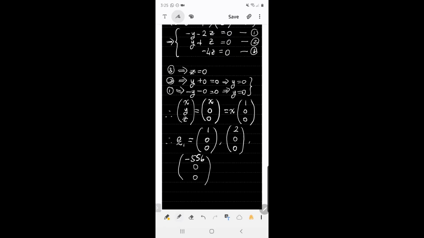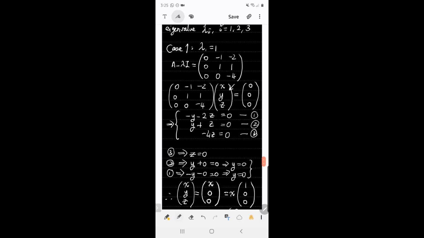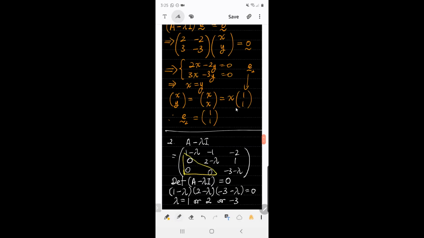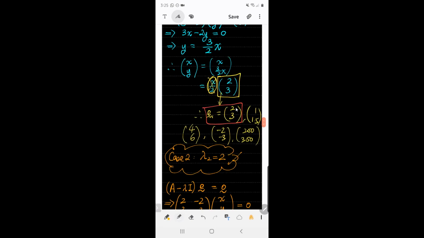So what do I mean by the best answer? You try to make sure the number is as simplified as possible and make sure the answer is not a fraction. Make sure the answer is an integer. If it is not an integer, like just now, for example, you have 1 and also 1.5, then you try to make it an integer by multiplying by 2.